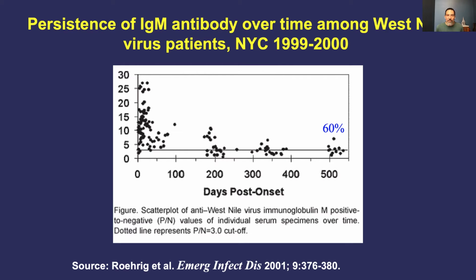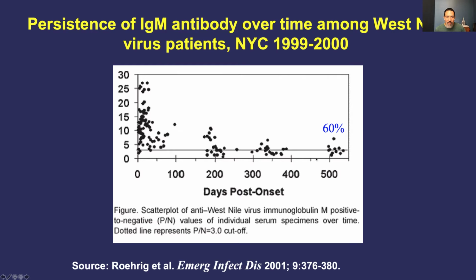So during and after the West Nile outbreak in 1999 in New York City, we measured antibodies to West Nile virus among patients over time. And we saw that nearly all the patients were producing IgM antibodies, those antibodies that indicate early infection, soon after their symptom onset. And we also saw that proportion decreased with time.